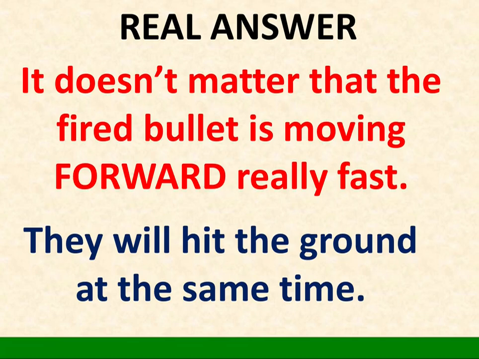They will still hit the ground at the same time. Make sure that you jot down the real answer in your notes so that you can remember what the correct answer was. In this case, it is a tie. Both bullets hit the ground at the same time.